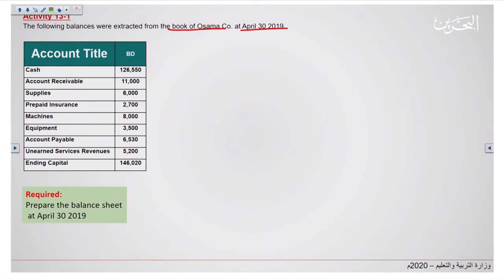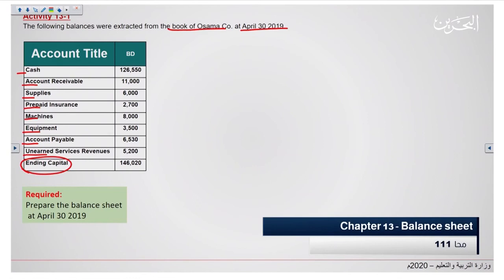We have here cash, accounts receivable, supplies, prepaid insurance, machines, equipment, accounts payable, unearned service revenue, and here we have ending capital. This ending capital was brought from step 2 of the financial statements, which is the statement of owner's equity. So the requirement of the question is to prepare a balance sheet for April 13th, 2019.